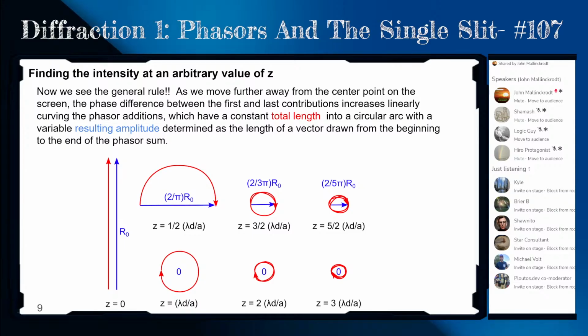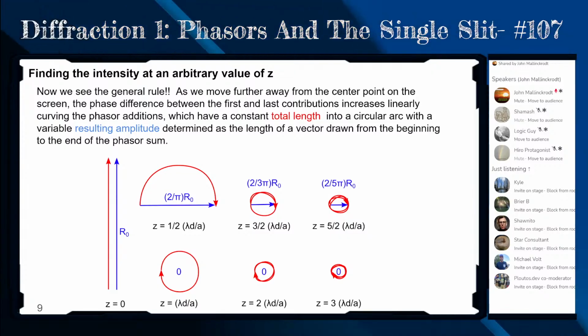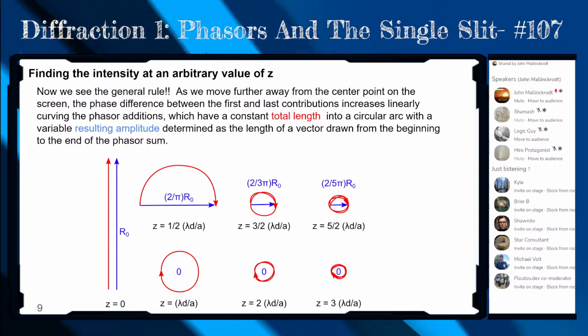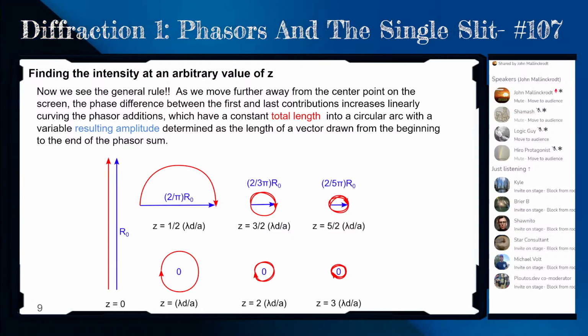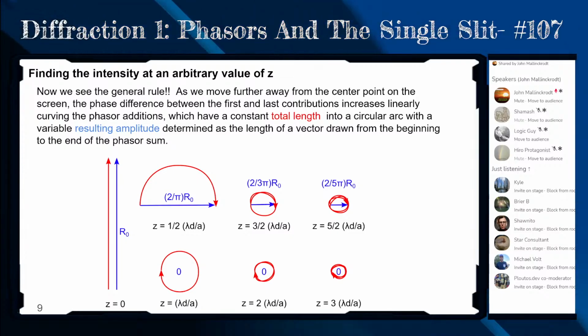And you see that the circle is getting smaller, right? Because the red line is the same length all the time, but now it has to go around 1.5 times. My resulting vector is now the diameter of that circle. The circle has a circumference that is 2/3 the length of the red line, because it goes around another half a time.